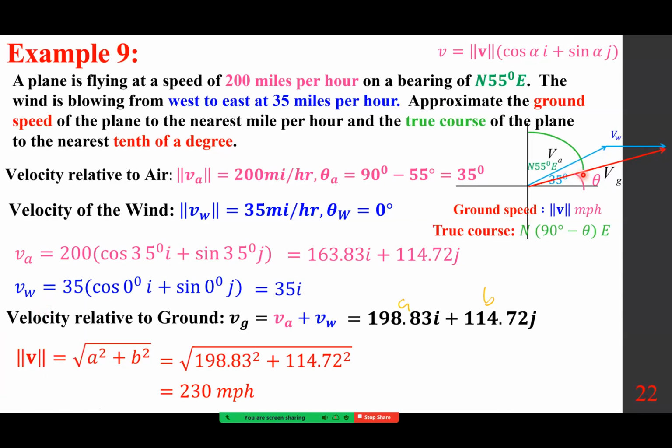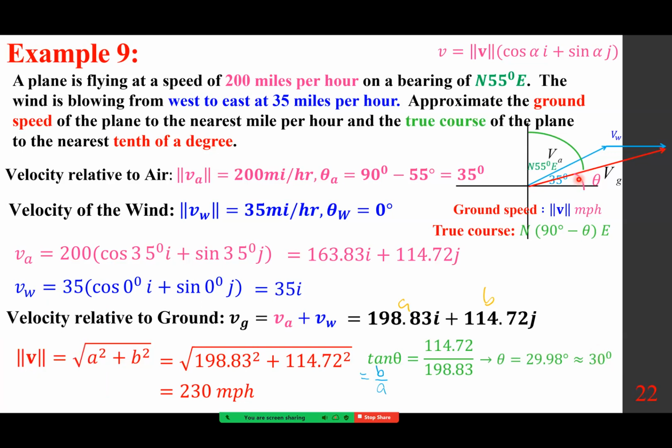to find this angle, basically we are going to divide B by A, or y by x. Tan of theta equals B over A. And theta is the tan inverse of this value, which becomes 29.98 using a calculator, almost 30 degrees.